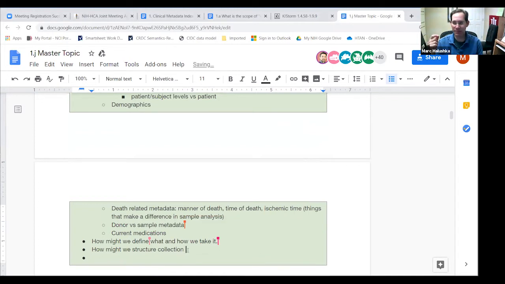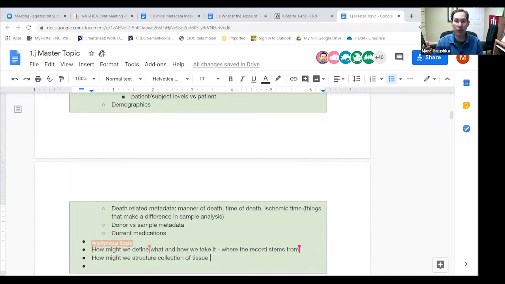How long has it been devitalized if it's a surgical case versus an autopsy case? And getting the metadata around the tissue is very important for quality of the data, and then being able to correlate that sample with other samples that come from other resources is a really important piece. And getting that consistent from group to group, I think, is a key function of this meeting and this discussion right now.